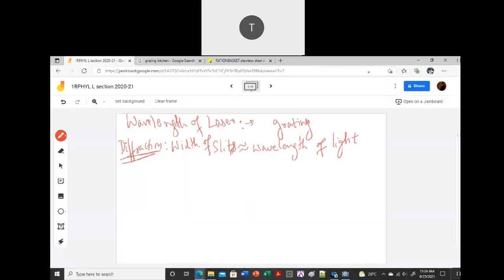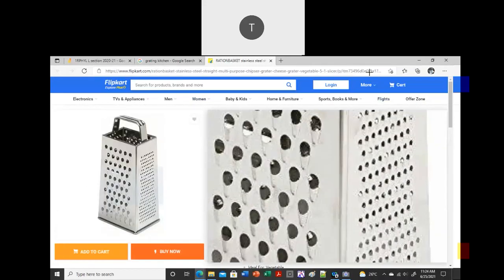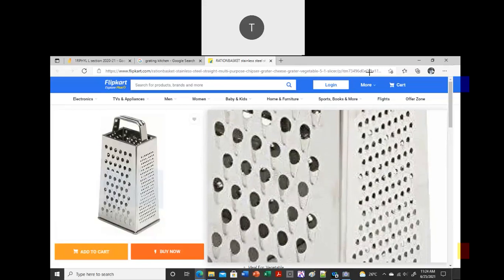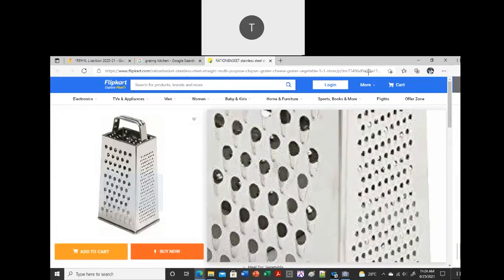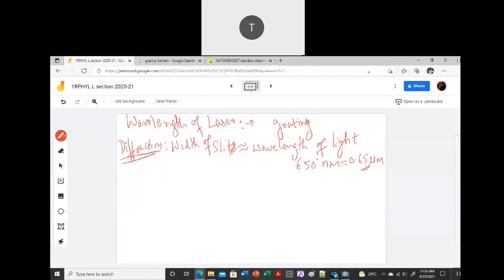But the wavelength of your light is almost 650 nanometers, maybe like 0.65 micrometer. But what is the width of this kitchen grating? The width of this kitchen grating is almost 0.1 or maybe 0.5 millimeter. So that is very big. So you cannot have diffraction in that case.